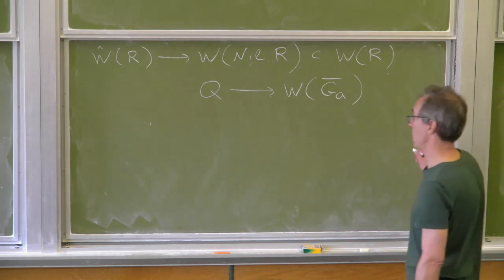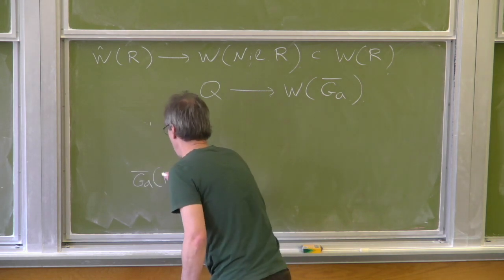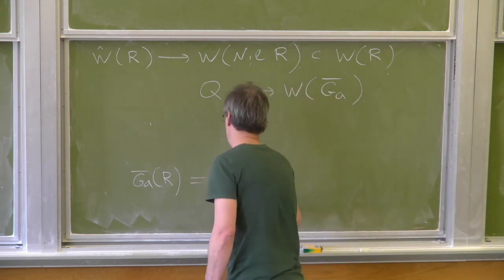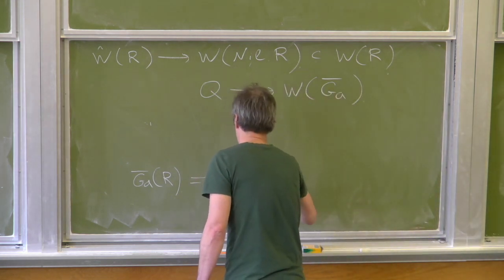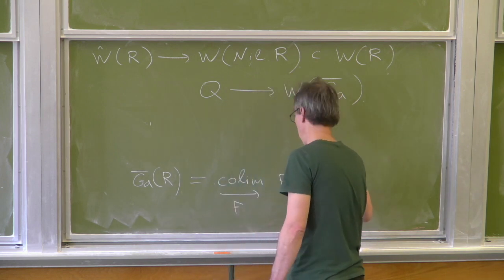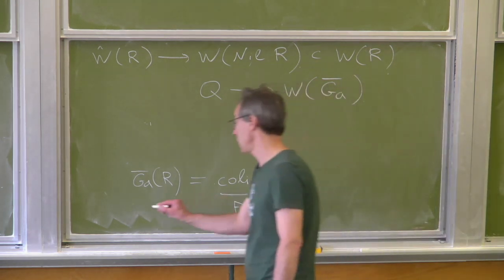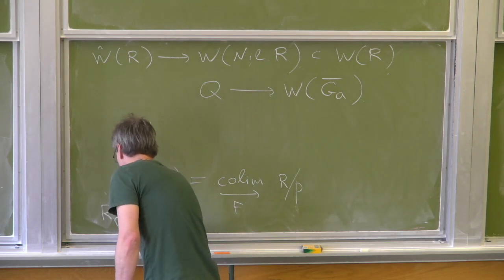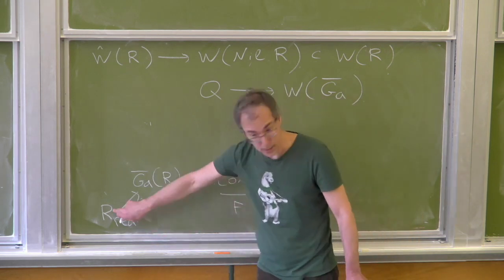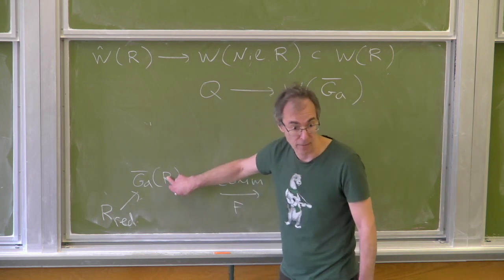I recall that G_a bar is notation that was introduced last time: for any ring R, this is the colimit perfection of R. So this is a functor that receives a map from R reduced. But a functor from rings to rings that takes ring R to R reduced is not a sheaf. And this is the sheafification of them.